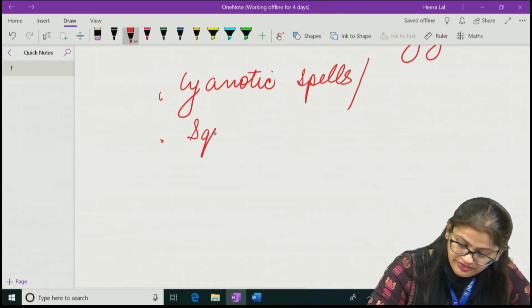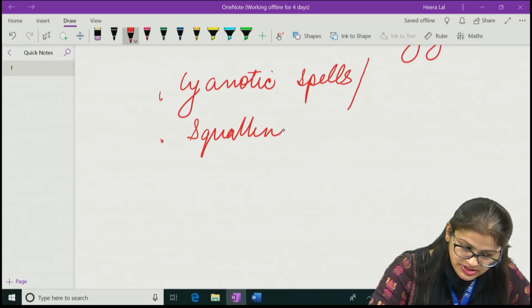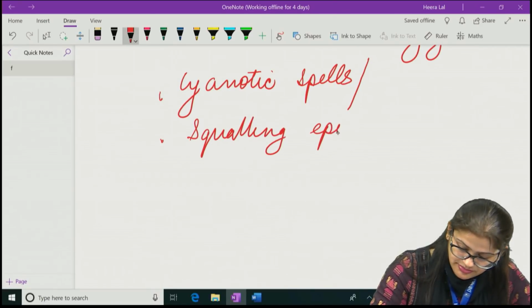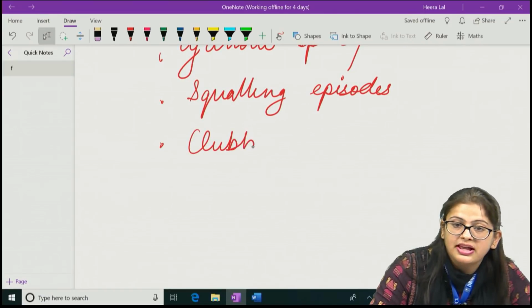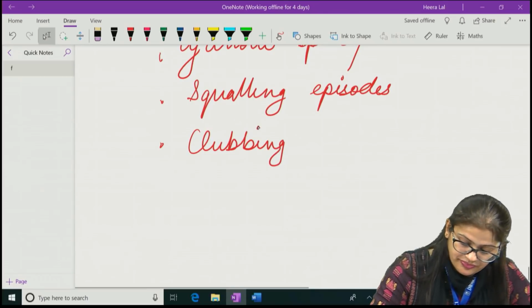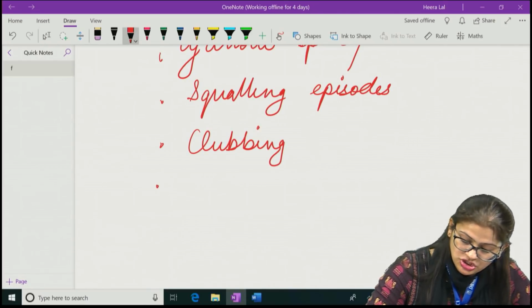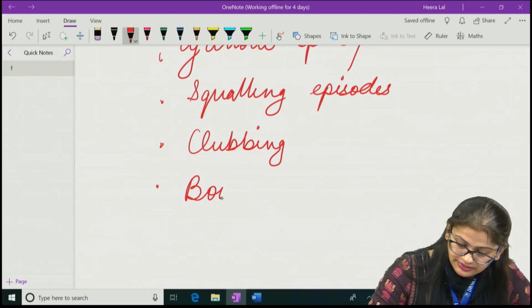So these children manifest with squatting episodes. Clubbing can be seen both in the hands as well as feet. The chest X-ray may show a boot-shaped heart.